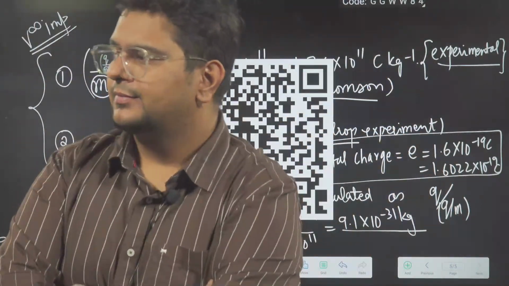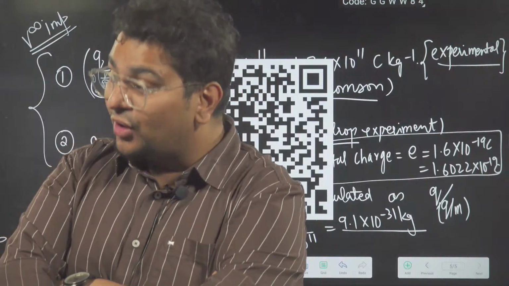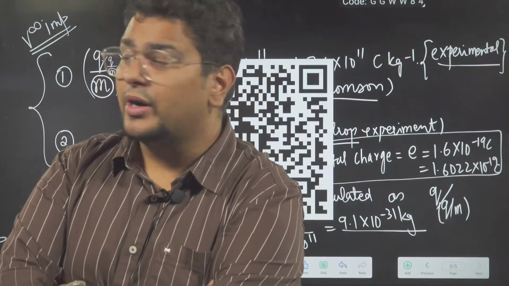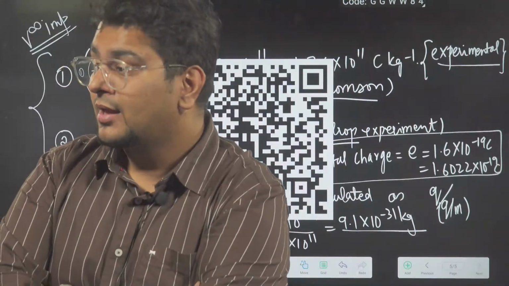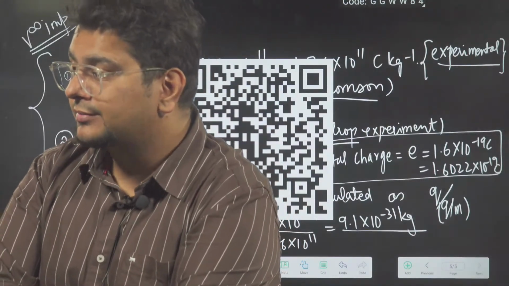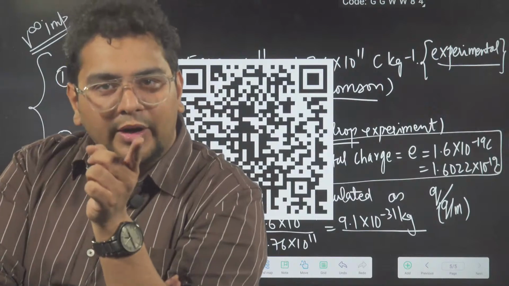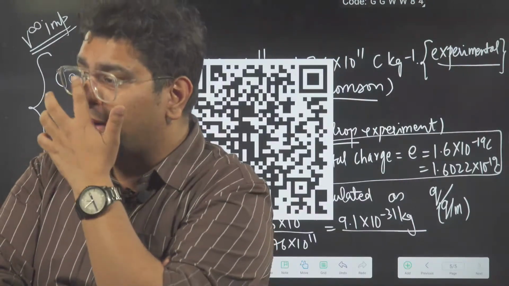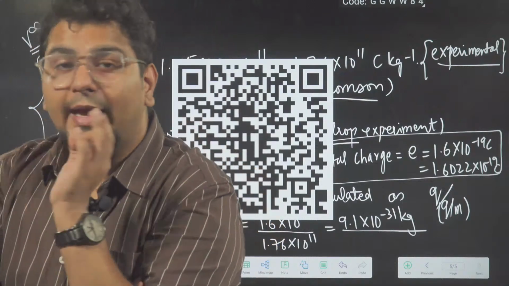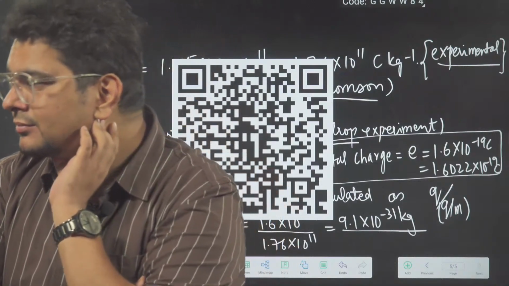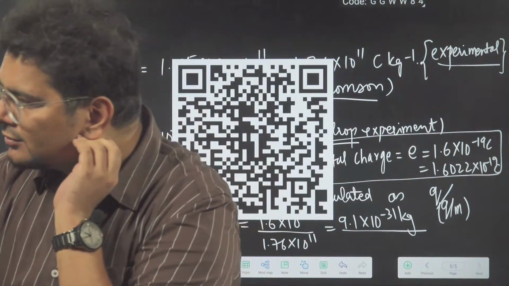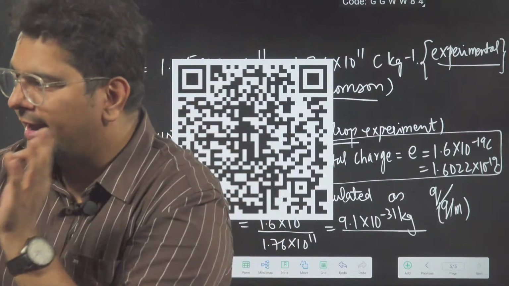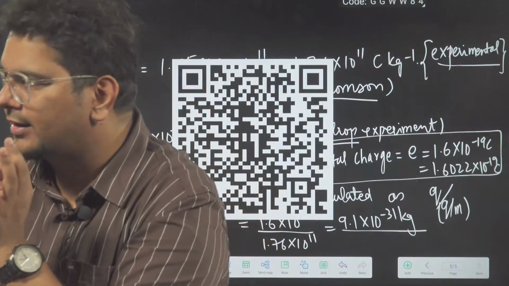False. Cathode ray particles are electrons, true. Cathode ray particles are electrons, but anode ray particles are not protons. Then what are anode ray particles? Very good. Gaseous cations. Anode ray particles are gaseous cations.